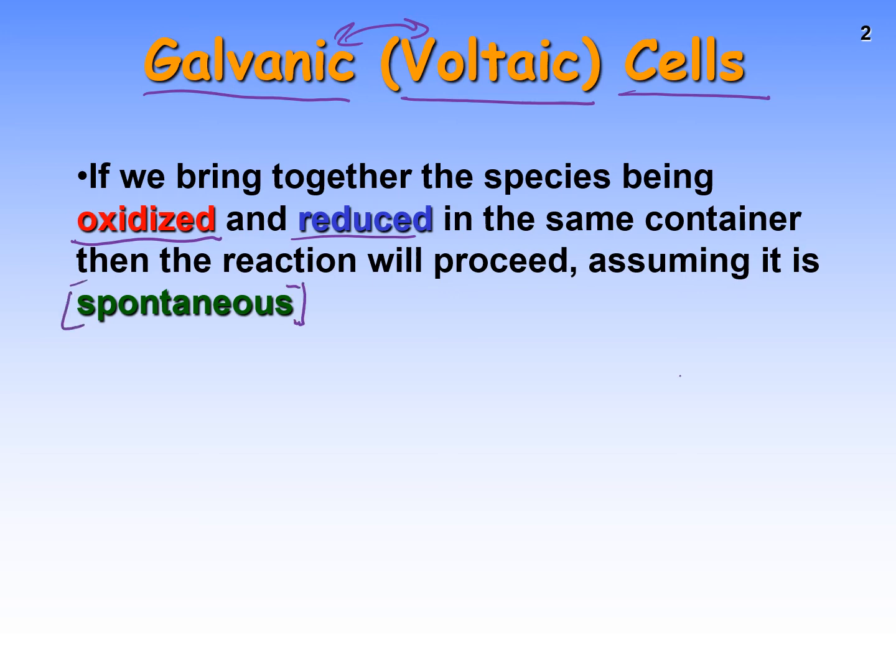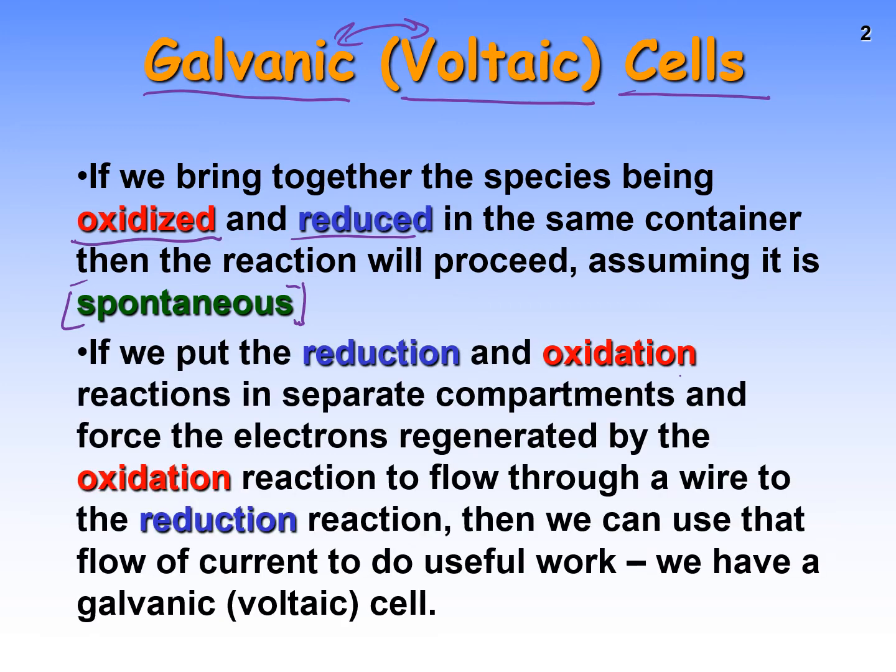Now, at the end of the day, an engineer might look at that and go, well, that was a waste. Because if I take the reduction half reaction and put it in a beaker, and then connect that beaker to another beaker with a wire and what we call a salt bridge, then the reaction will still proceed, but the electrons will have to go through the wire. And if electrons move through a wire, we get electricity.